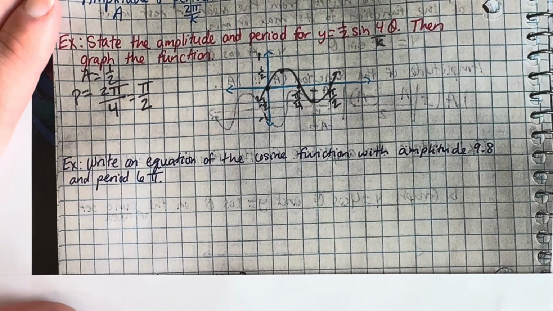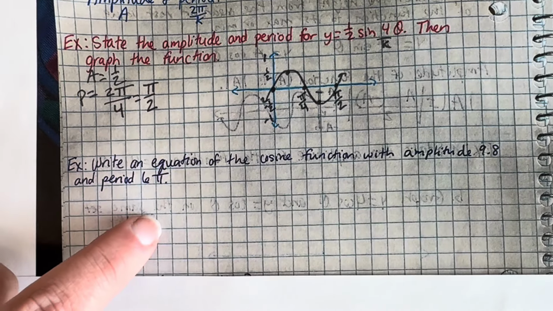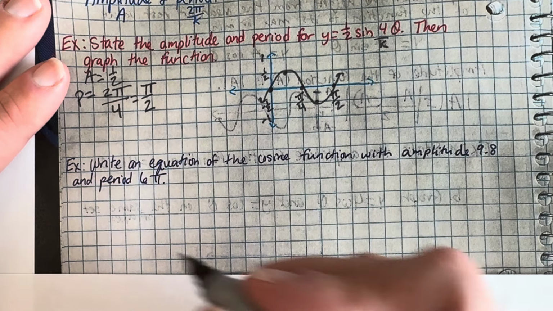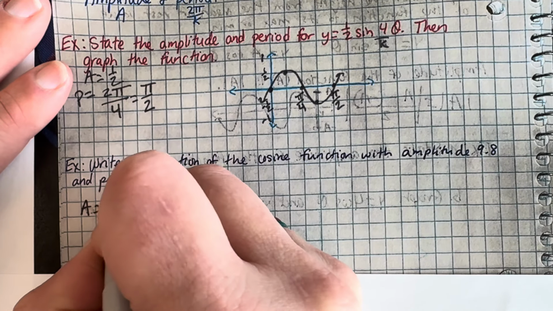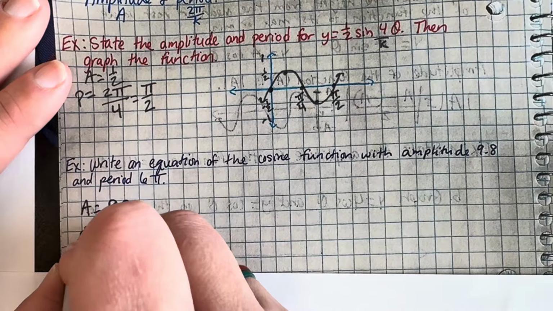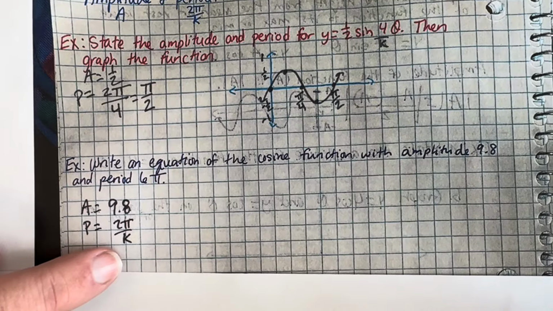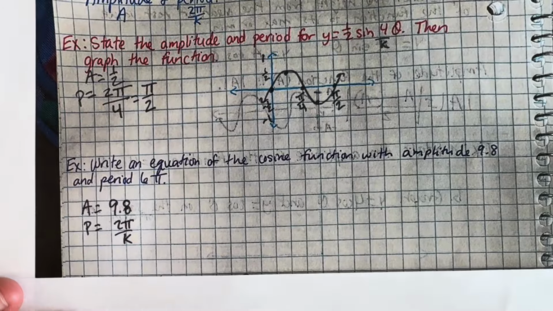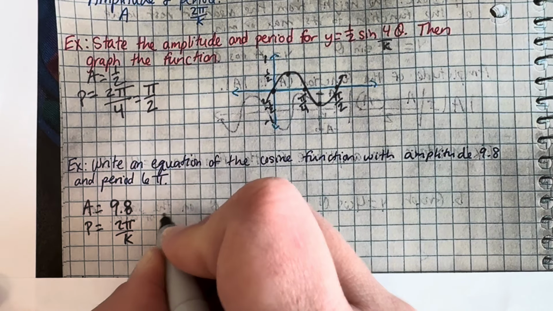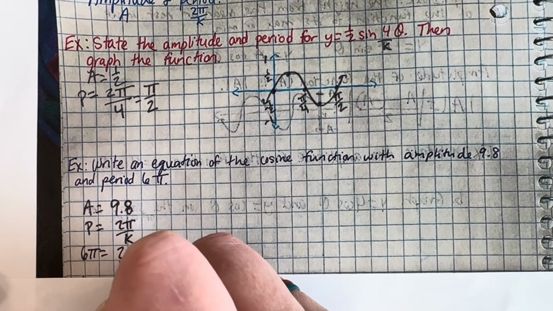The next one says, write the equation of the cosine function with an amplitude of 9.8 and a period of 6 pi. Well, I know my amplitude is 9.8, and I need to find my period. I know that period equals 2 pi over k, and I need that k in order to fill in the equation. So I'm going to say 6 pi equals 2 pi over k.